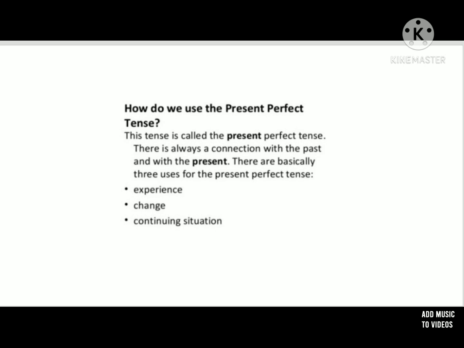There are basically 3 uses for the present perfect tense. We use present perfect tense to express the experience, the change, or the continuing situation. Let's see one by one in a clear way.